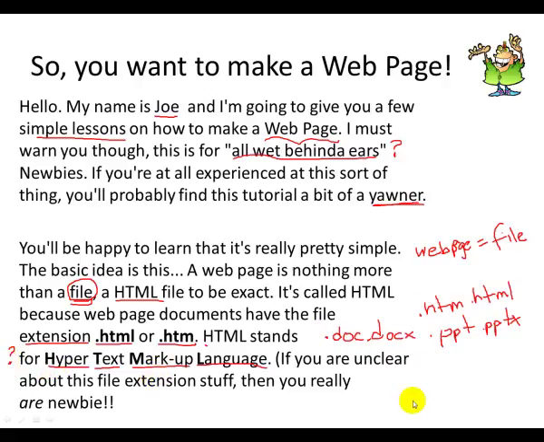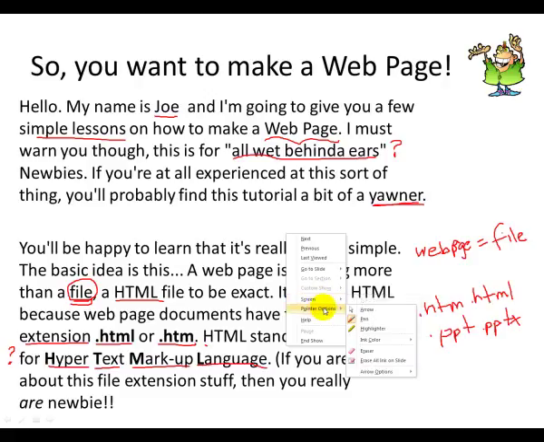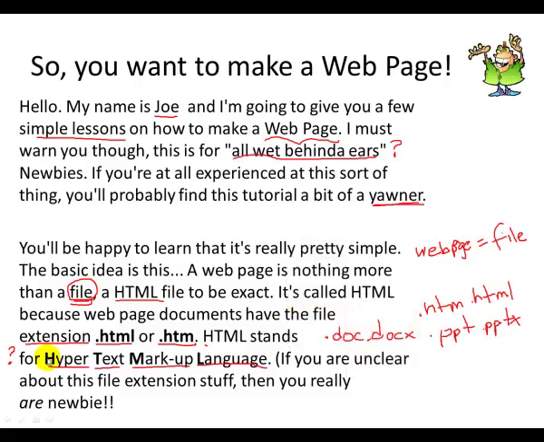But I know one of the things I was supposed to focus on was HTML. So I guess I kind of figured out what HTML is here. I'm going to go ahead and highlight this. I know it's hypertext markup language.